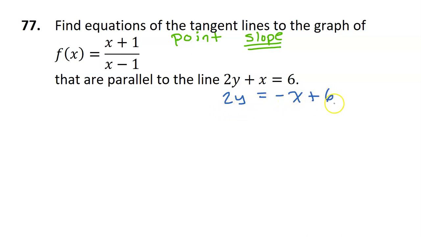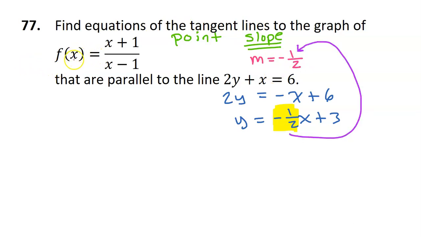And then dividing both sides of the equation by 2, we have y equals negative 1/2 x plus 3. So what's the slope of this line? Negative 1/2. Okay, so we know that the slope of any of these tangent lines will be negative 1/2.